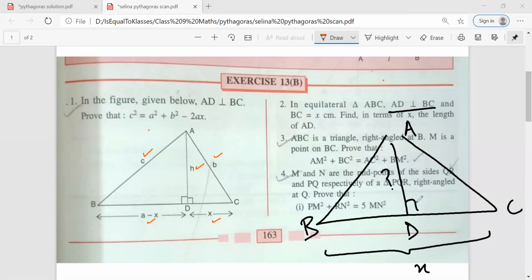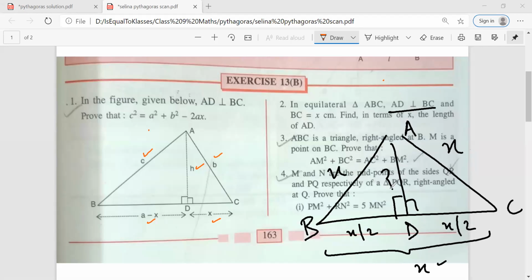Any doubt about the question, Mr. Rudra? No, sir. Have you understood the question? Yes. So see, if this is x, then AB would be equal to x and AC would be equal to x. Any doubt, Mr. Rudra? No, sir. Now, as we have discussed, BD would be equal to x by 2 and DC would be equal to x by 2. Any doubt? No, sir.